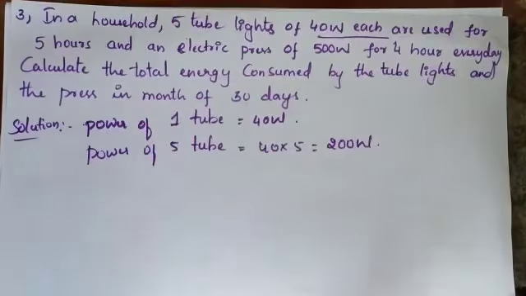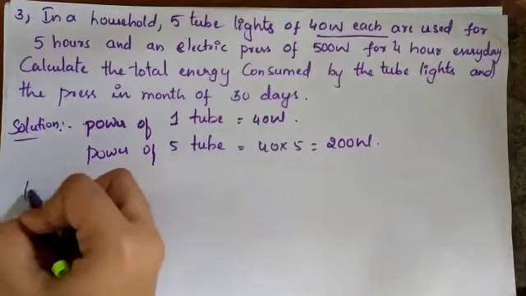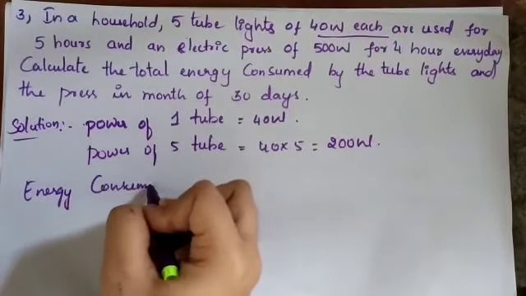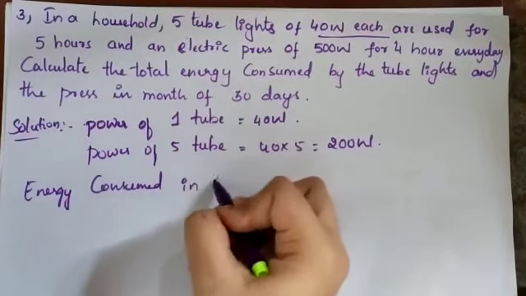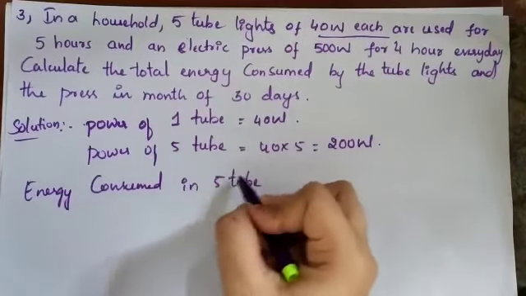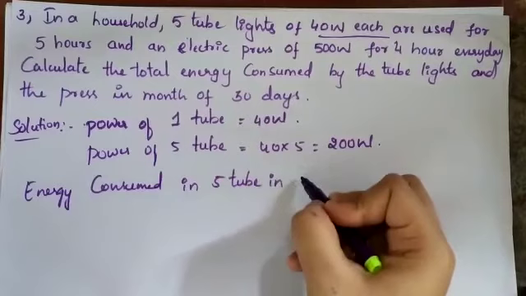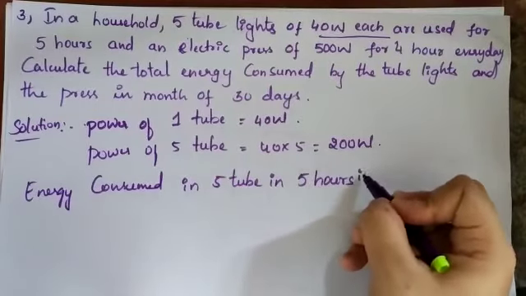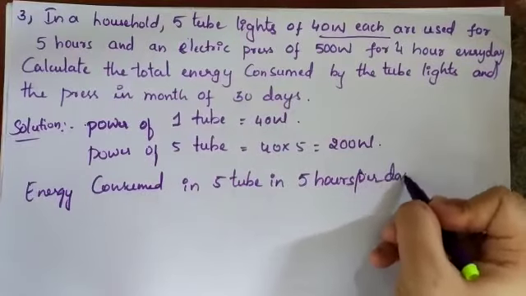So now I have got it for this one. Now I'll find out the energy. Energy consumed by the 5 tube lights in 5 hours per day. So per day I'll find out.